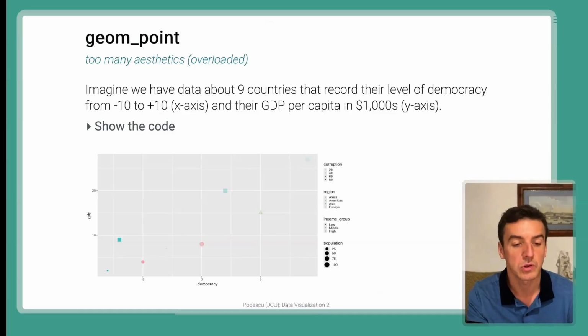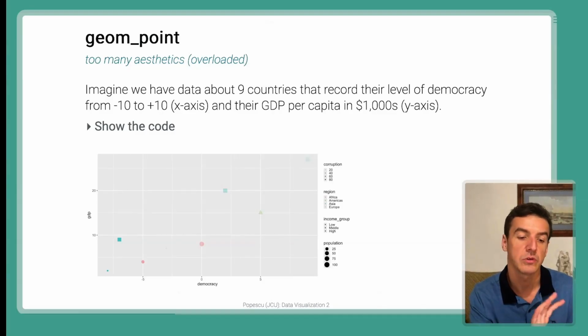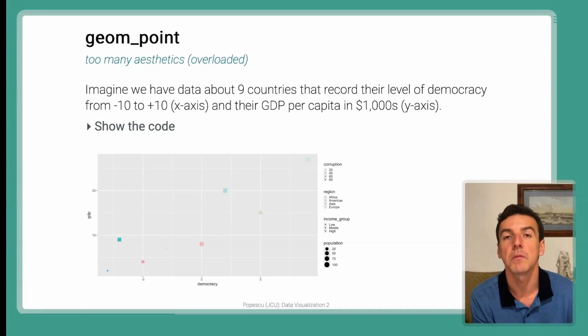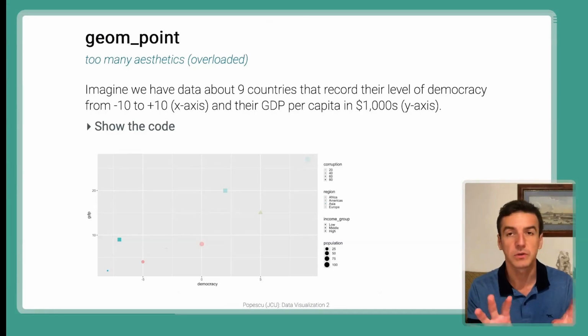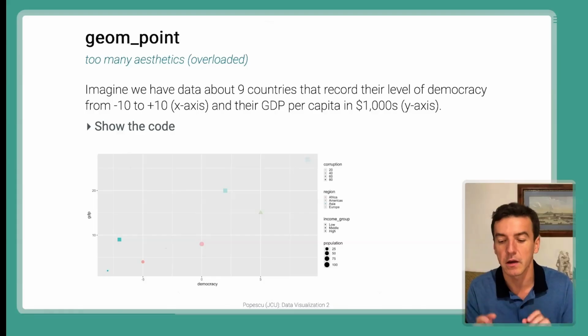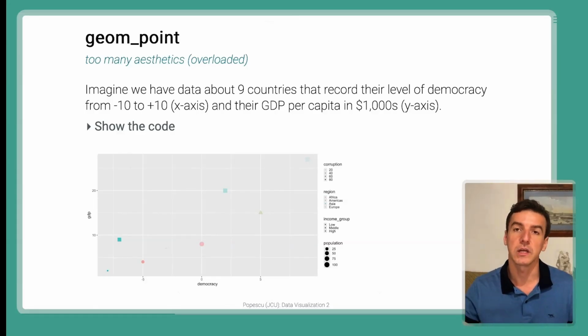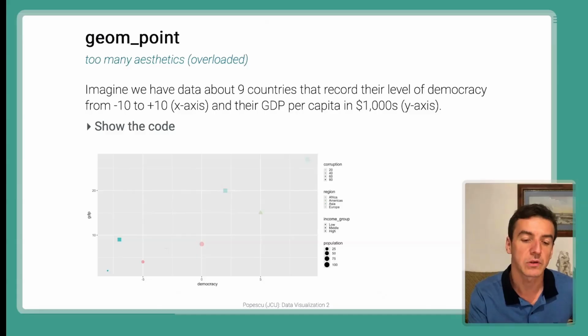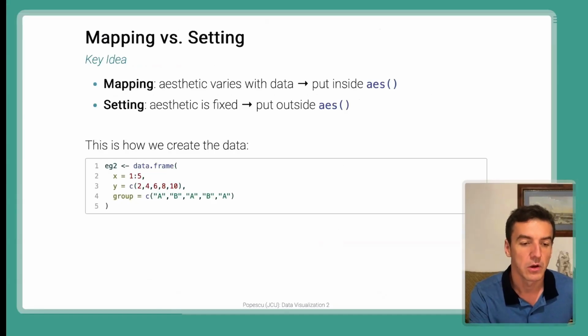It's just impossible for a viewer to understand what this graph is about. If all these features are somehow important, it's probably a good idea to create a separate graph. So have 2 graphs or 3 graphs that are separate that kind of focus on a specific feature of the data rather than trying to put all these different features together in the same graph.